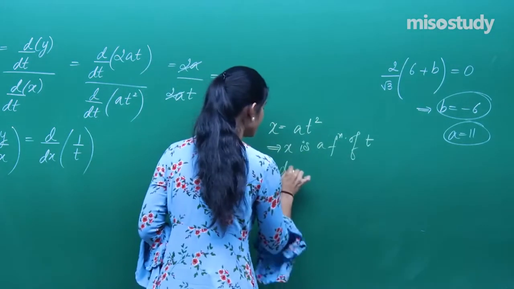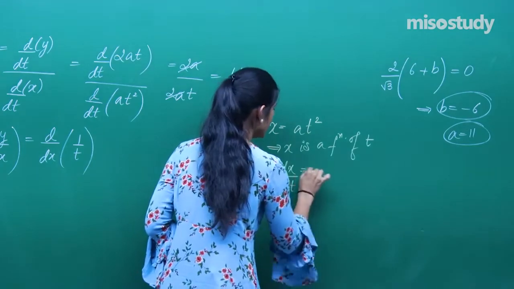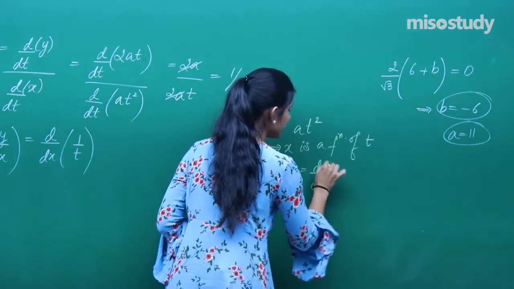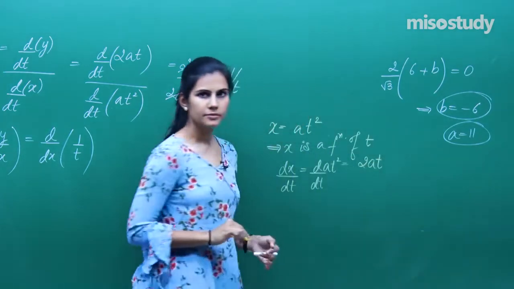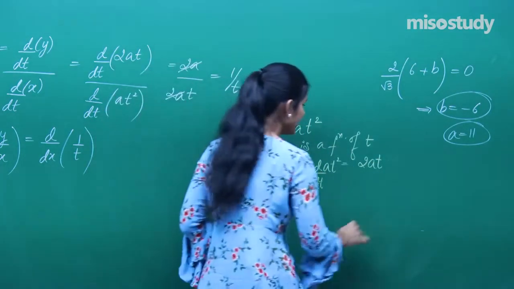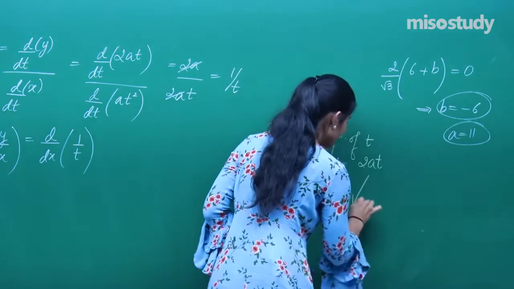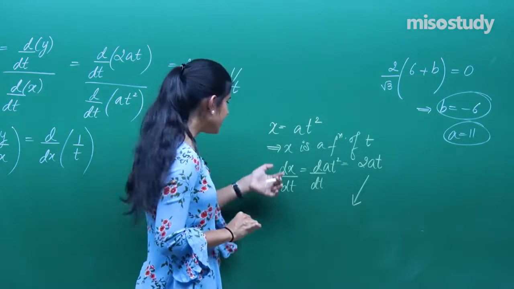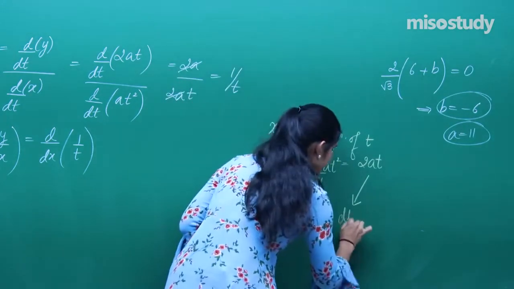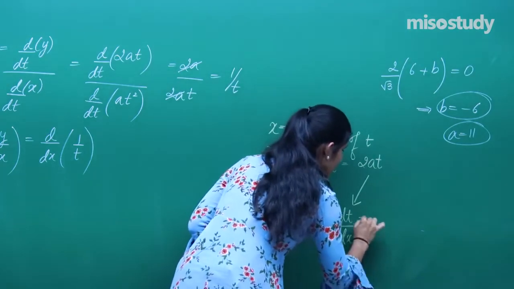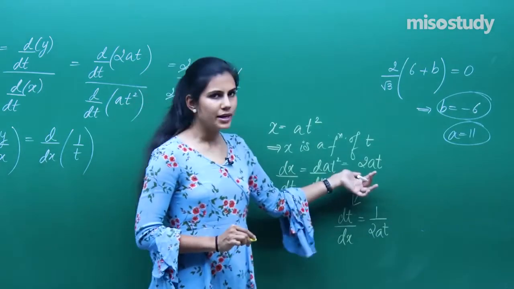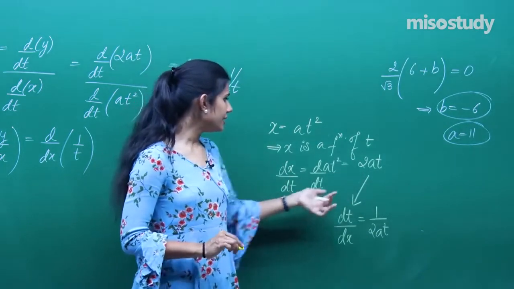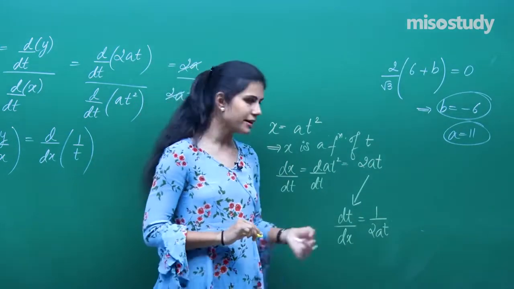So you can clearly compute dx by dt as d by dt of at square, which was 2at. If dx by dt is 2at, then reciprocal of it is dt by dx, which is 1 by 2at.